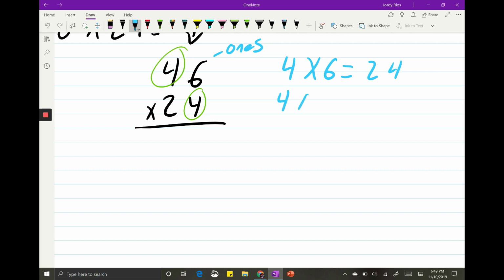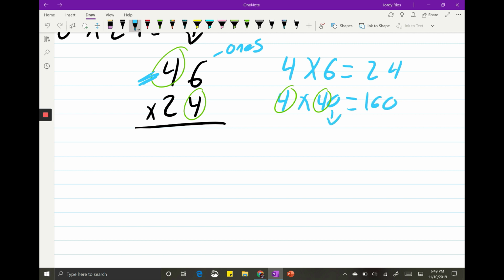Okay, 4 times this other 4 right here, which is in what value? We know it's in the tens place value, so that means the value of this 4 is going to be 40. Same principle, 4 times 4 is 16. How many zeros am I adding? 1.